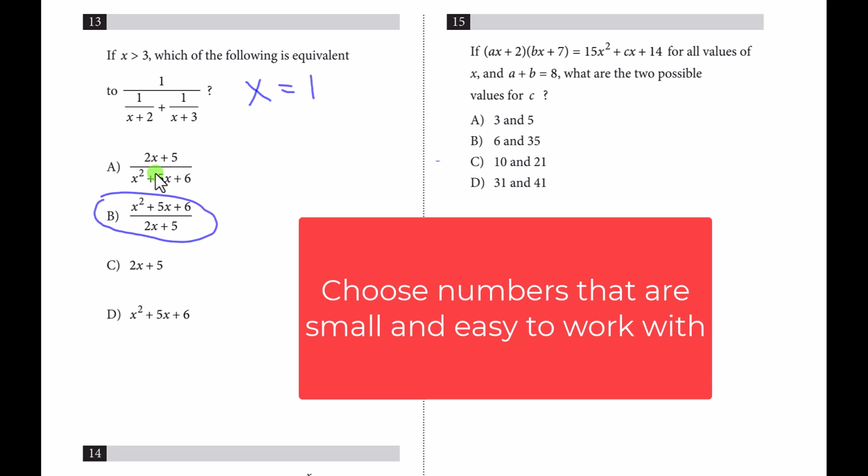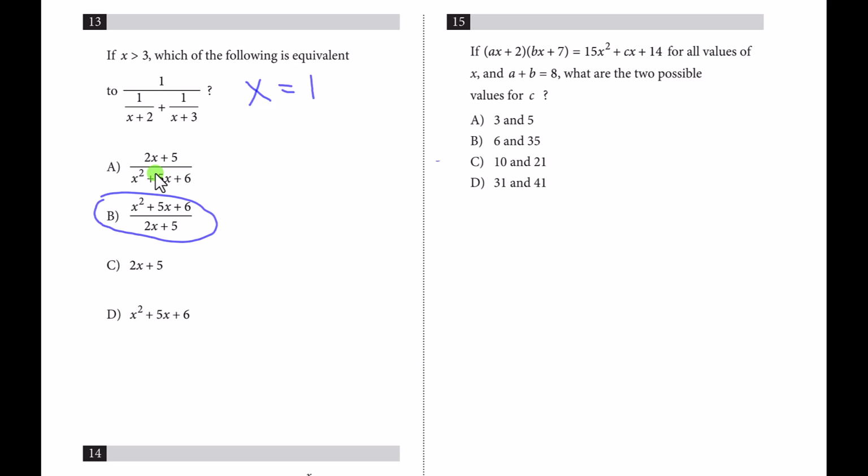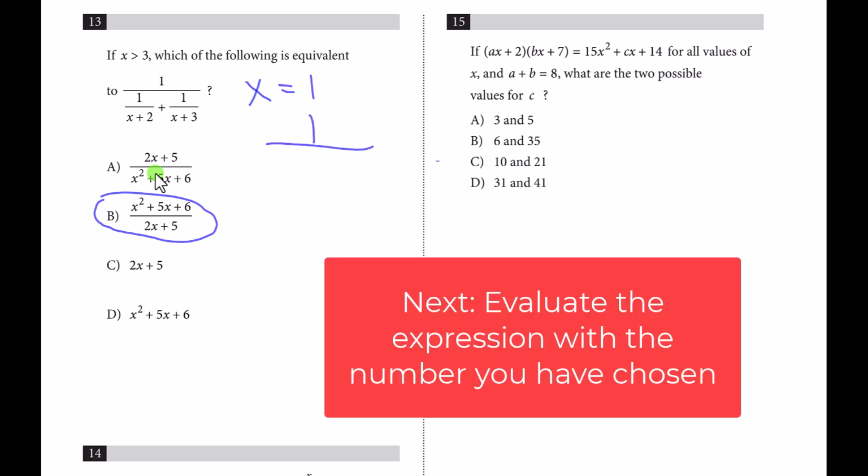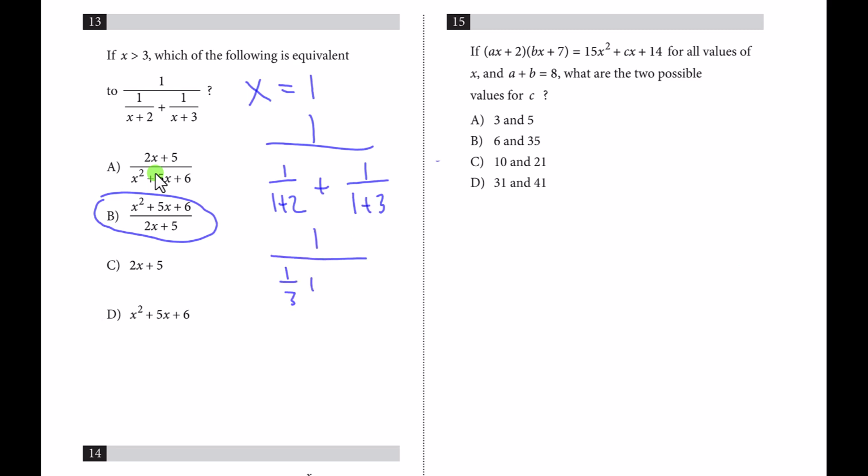So first thing is, we're going to pick numbers, put it in to see what the value comes out to be. So that's going to give us 1 over 1 plus 2 plus 1 over 1 plus 3. And that's going to give us 1 over 1/3 plus 1/4. We're going to go ahead and add these two together. So I'm going to multiply this by 4 over 4.